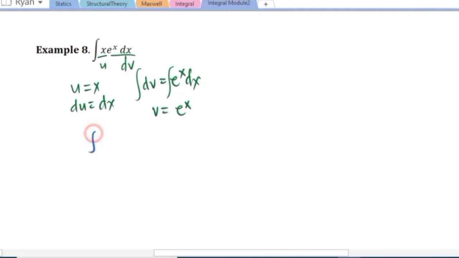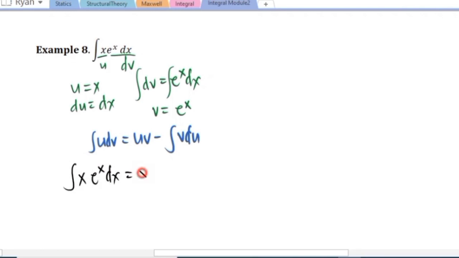So again, applying the formula, the integral of u dv is equal to uv minus integral of v du. So we have integral of x e to the x dx is equal to uv. Your u is x and v is e to the x minus integral of v, that is e to the x, and du is dx.